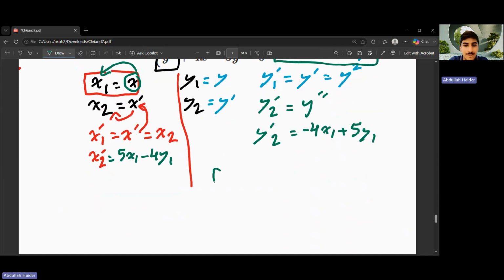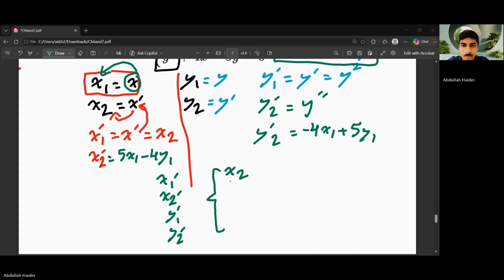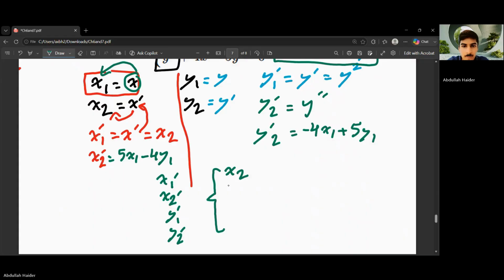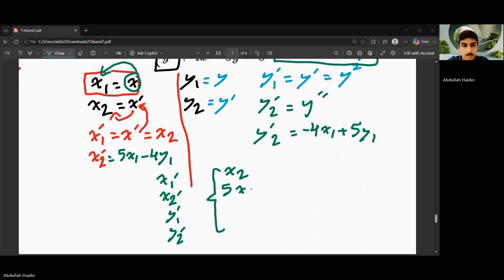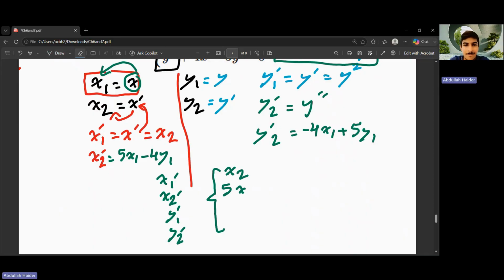And now we can form our system of equations. We basically want x1 prime, x2 prime, y1 prime, y2 prime. So you can write this as x2, 5x. Wait, why am I writing this like this?